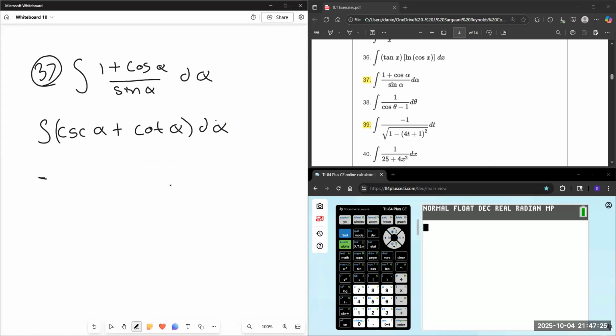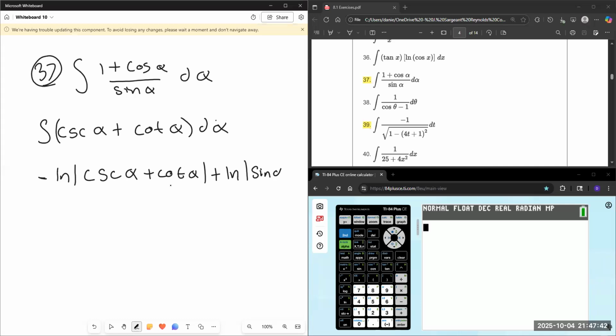That's negative ln of absolute value of cosecant alpha plus cotangent alpha plus ln of the absolute value of sine alpha plus c. The book is going to leave it like that.